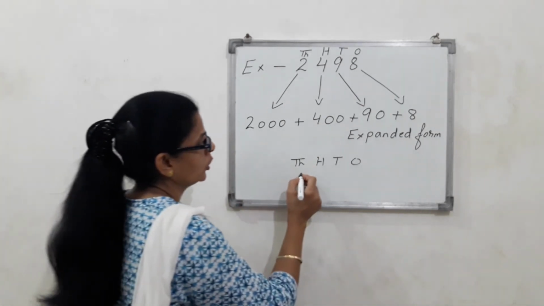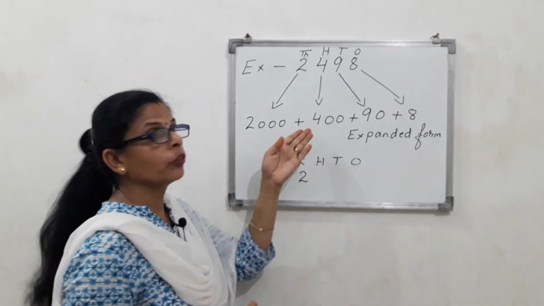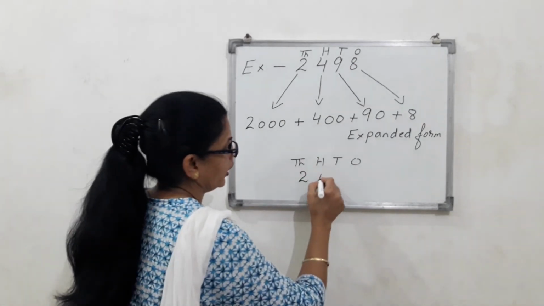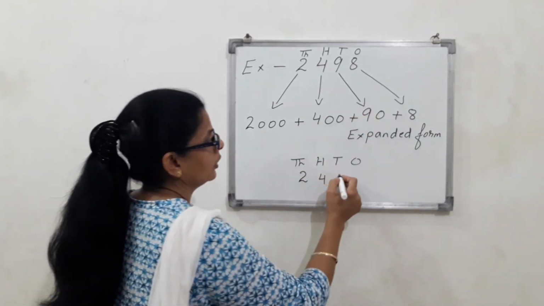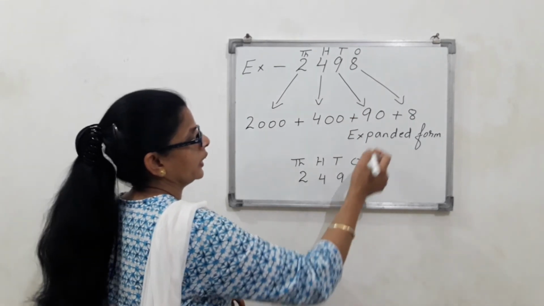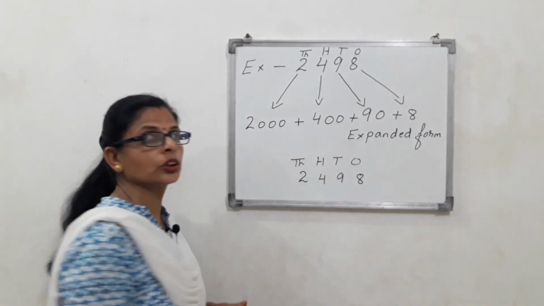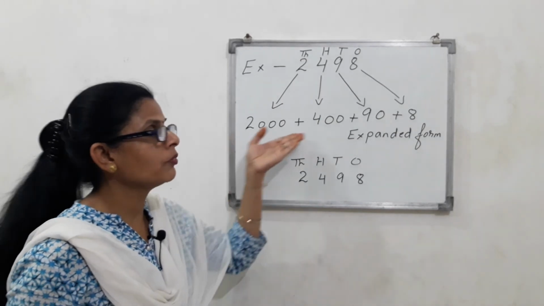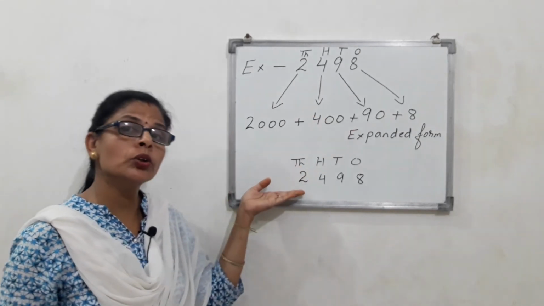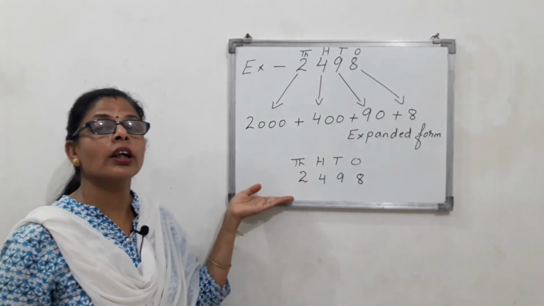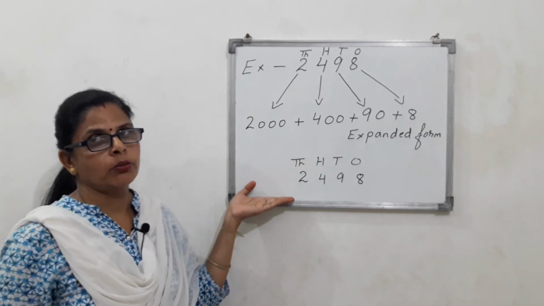So we'll write 2, 4 on the 100 place, 9 on the tens place and 8 on the ones place. So the expanded form is again converted into short form, or standard form.